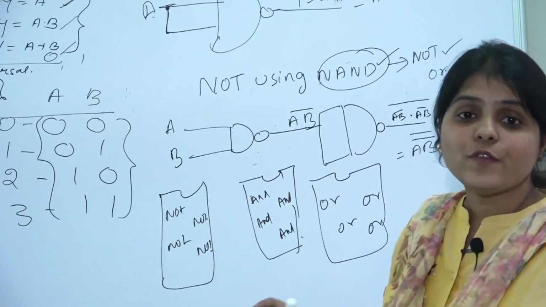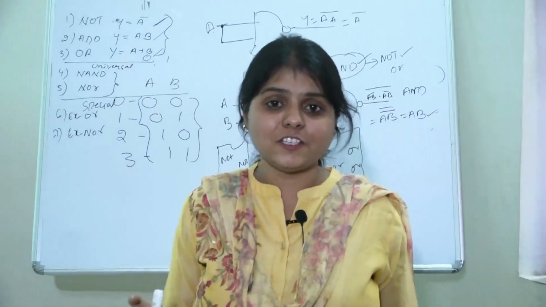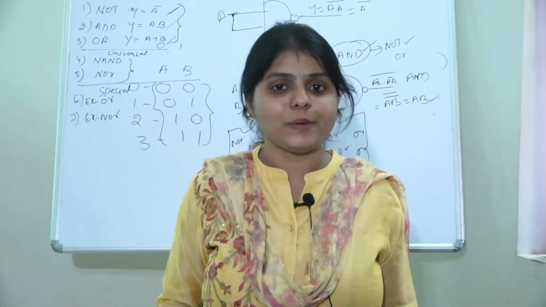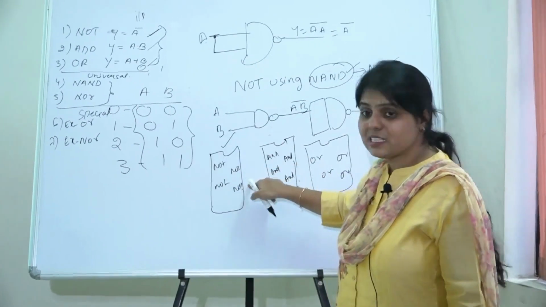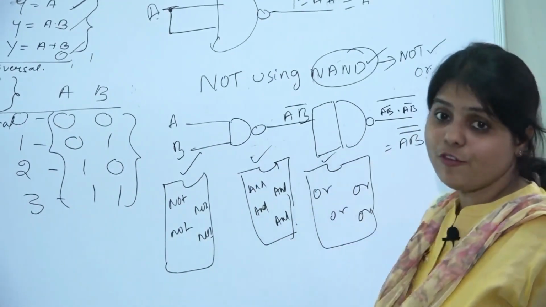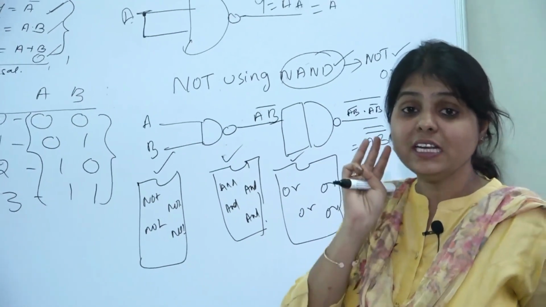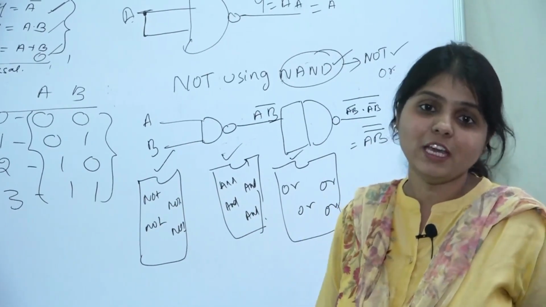Now, when I want to design a digital circuit with all these combinations, I need one IC of AND, one IC of inverter, and one IC of OR. So altogether I am using 3 ICs, with which the size of the circuit will be more.